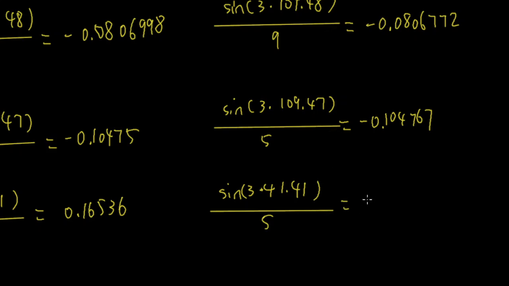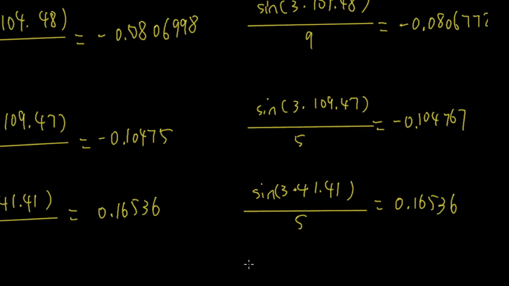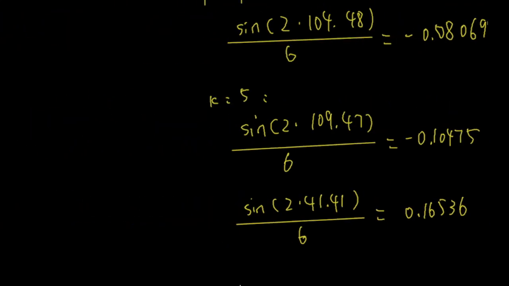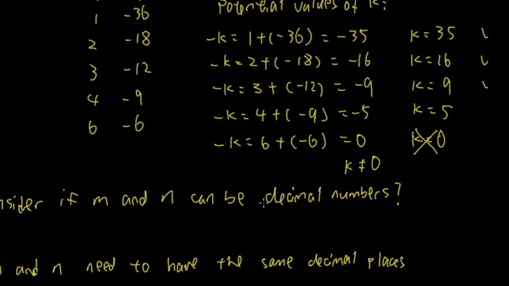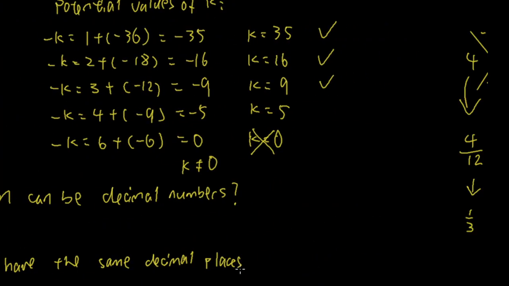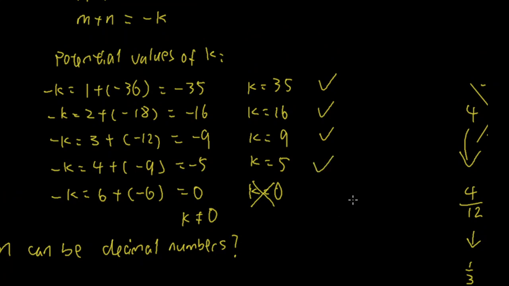That will give you approximately 0.16536. So this works too. This just shows that k equals 5 works as well.